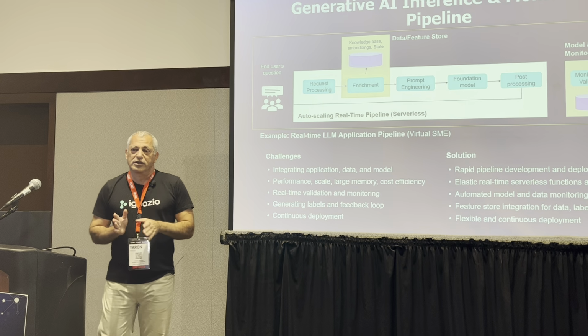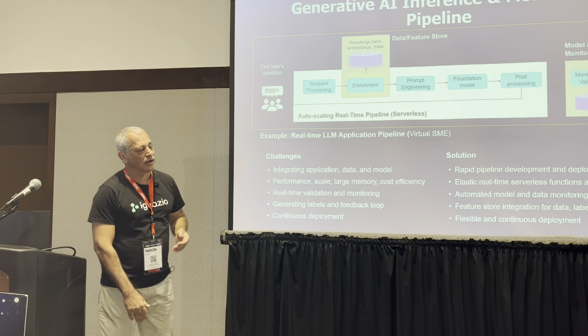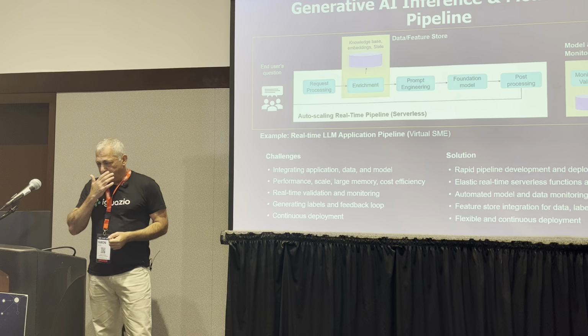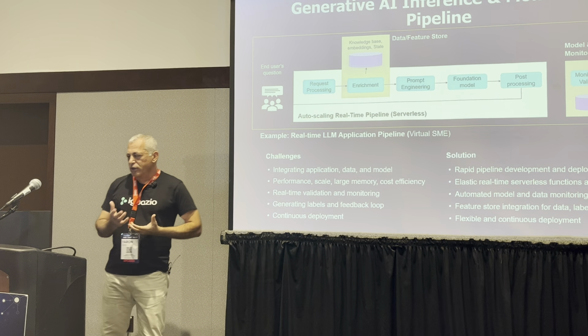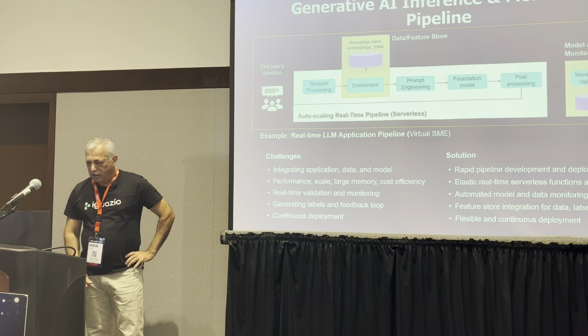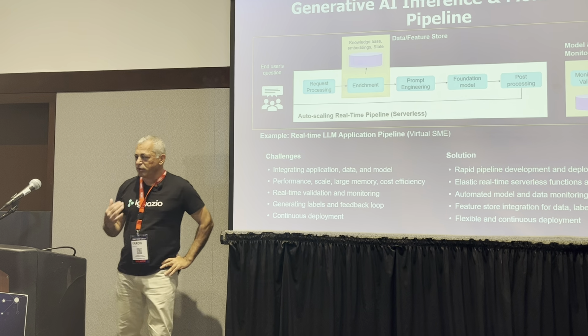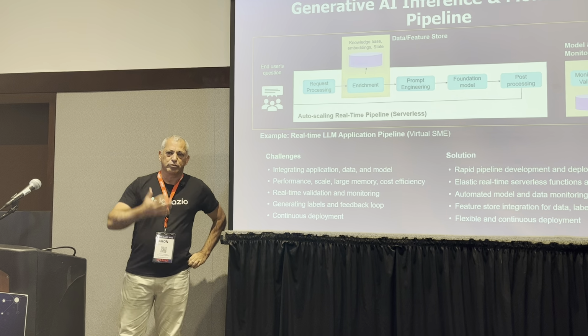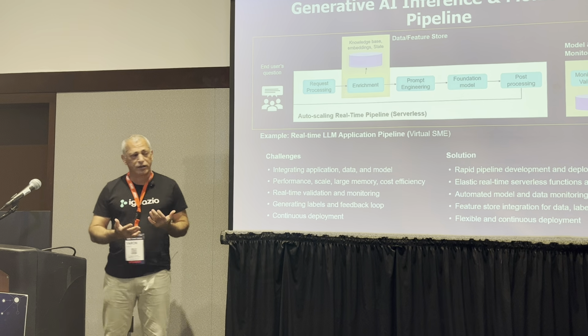So now let's move to the serving pipeline, serving workflow. This is again an example of a serving pipeline for an LLM. So we get some requests, some question. We need to process it, parse it, etc. The next thing we need to do, in many cases, is some enrichment. Maybe we need to bring another document for prompt engineering. Maybe we need to do embedding.